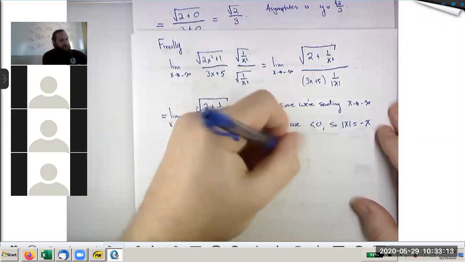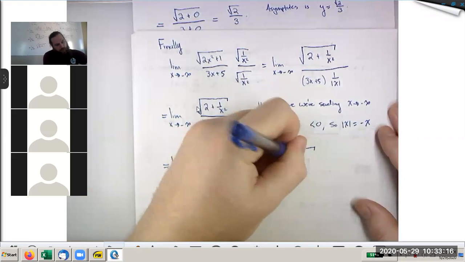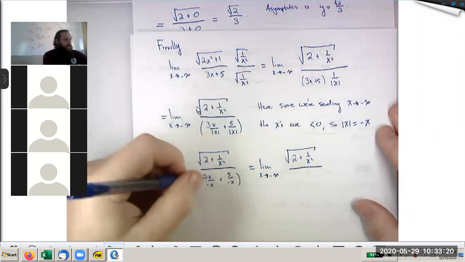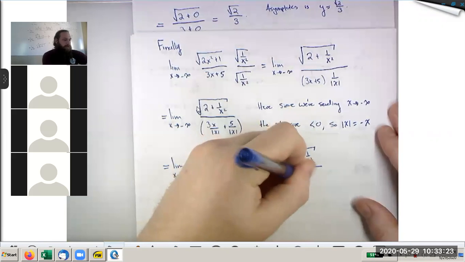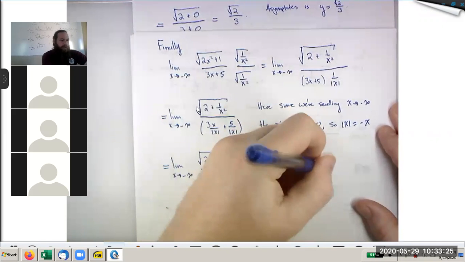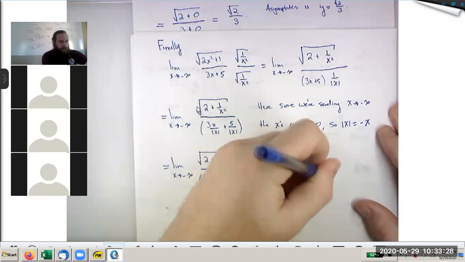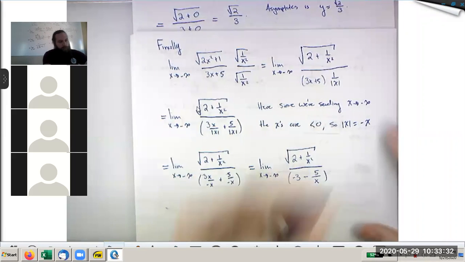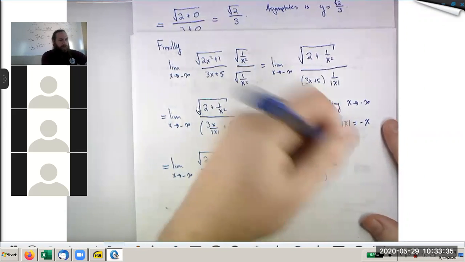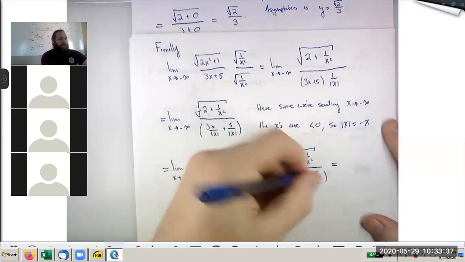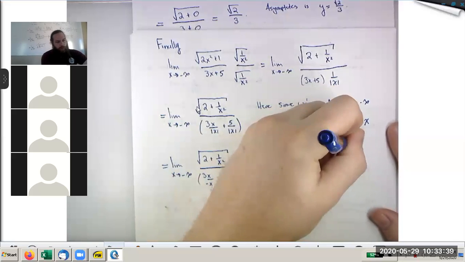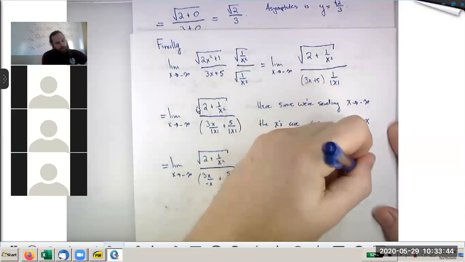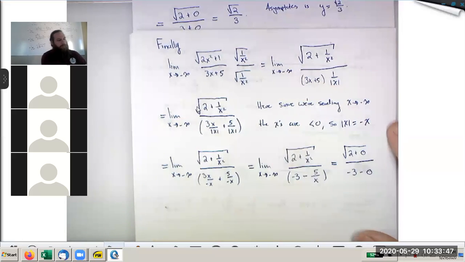And what do we get? So upstairs here I'll have 2 plus 1 over x squared. Downstairs here, 3x over negative x, that's negative 3. And this is going to be minus 5 over x. And then the same limit laws, the same theorem that we applied last time, guarantees 1 over x squared and 5 over x go to 0. So this will be the square root of 2 plus 0 over negative 3 minus 0.